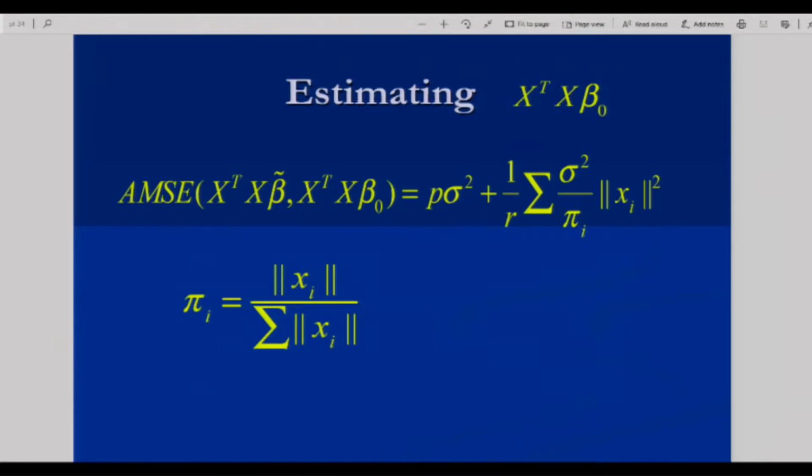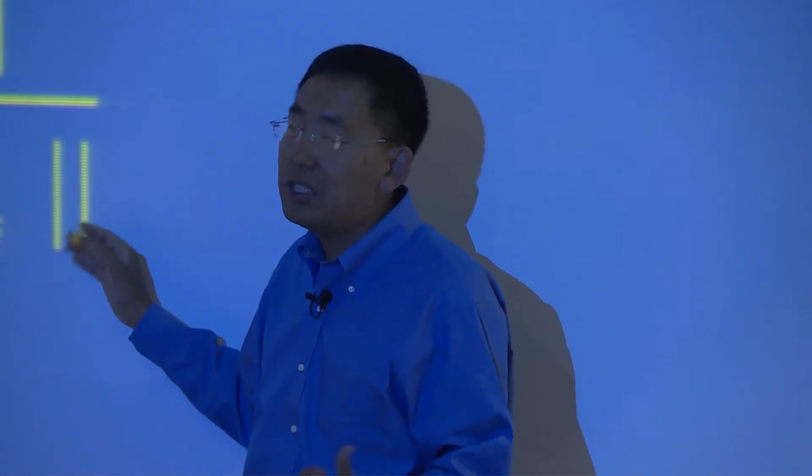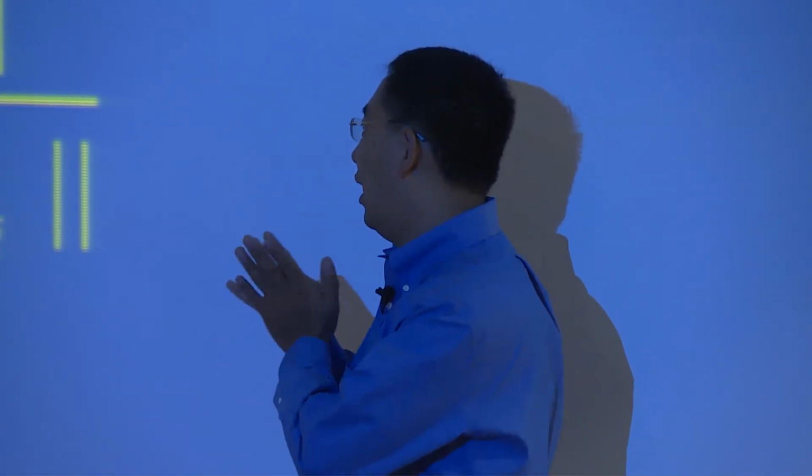Obviously, this is much simpler to calculate, so compared to the leverage score the advantage is clear. It's computationally so simple, so neat. But there is also a significant disadvantage. If we have a certain transformation of the predictor matrix, this will change.